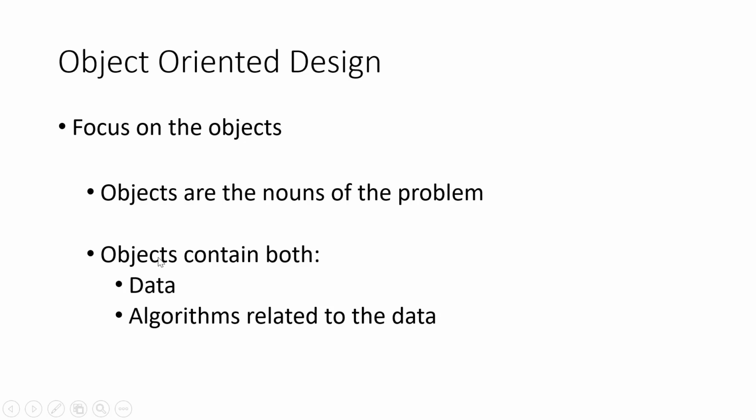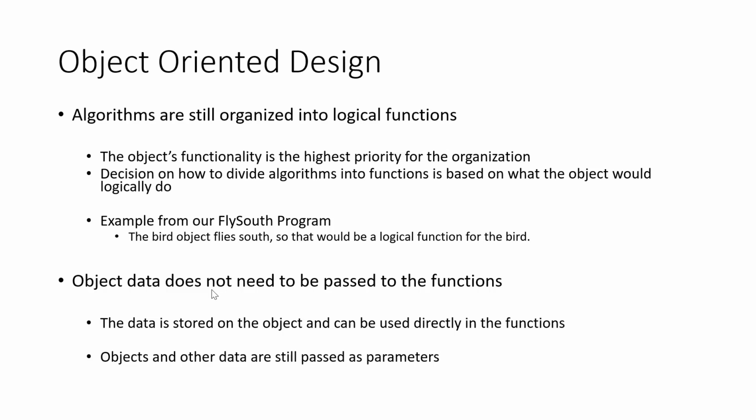The object, for example the bird, is going to contain both the data that tells us about the bird and also the algorithms that are related to the data. We're going to encapsulate those two things together into the object. Even though it's object-oriented, algorithms are still organized into logical functions.